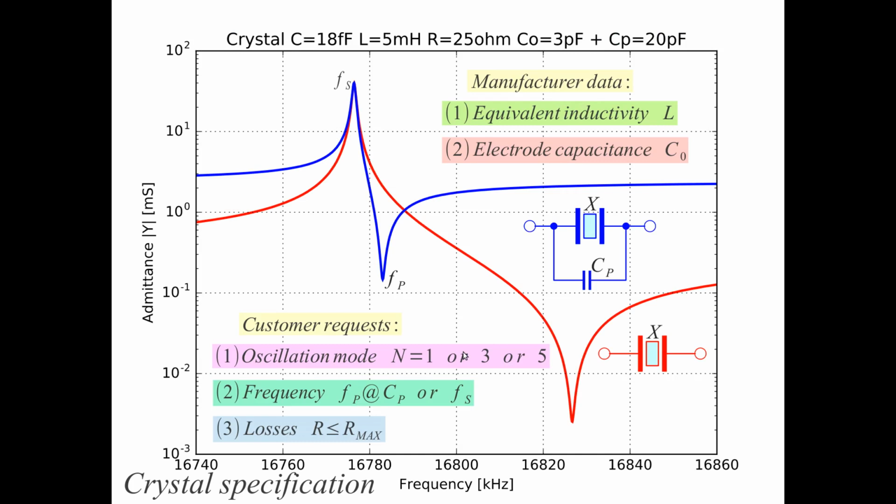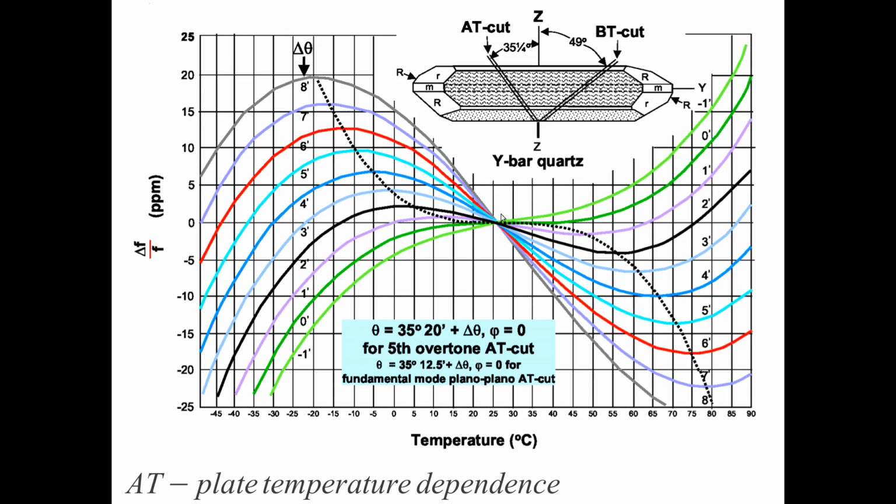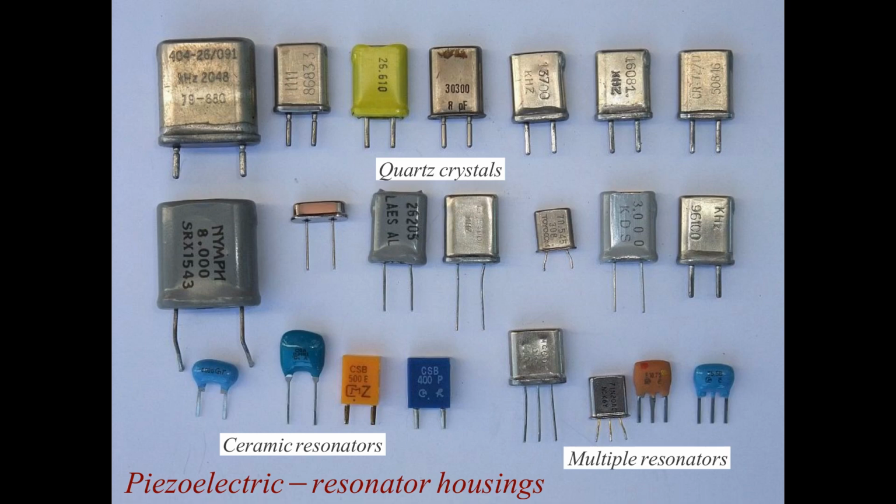The oscillation mode defines the cutting angle. The angle of the AT cut depends on the oscillating mode. Different oscillating modes have different cutting angles for the smallest temperature dependence of the resonance. So we have to define it.